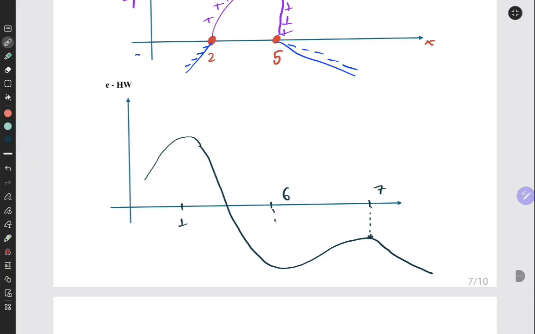So I give you the first hint: the derivative at each of these points, 1, 6, and 7, will be 0.